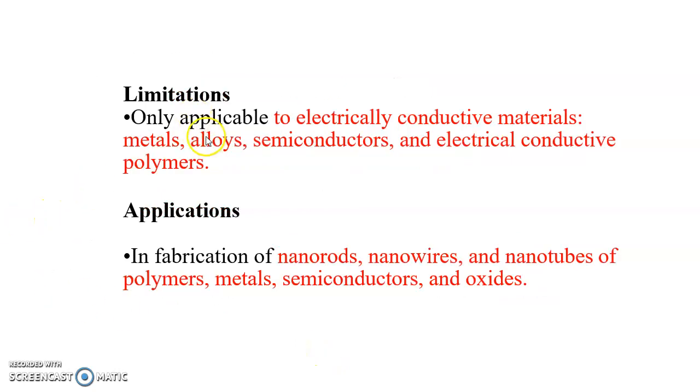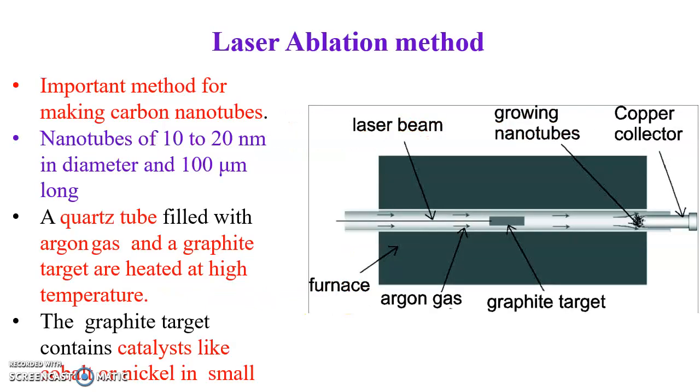We also have some limitations: this is applicable only to electrically conductive materials like metals, alloys, semiconductors, and electrically conductive polymers. The application is in fabrication of nanorods, nanowires, nanotubes, polymers, metals, semiconductors, and oxides.